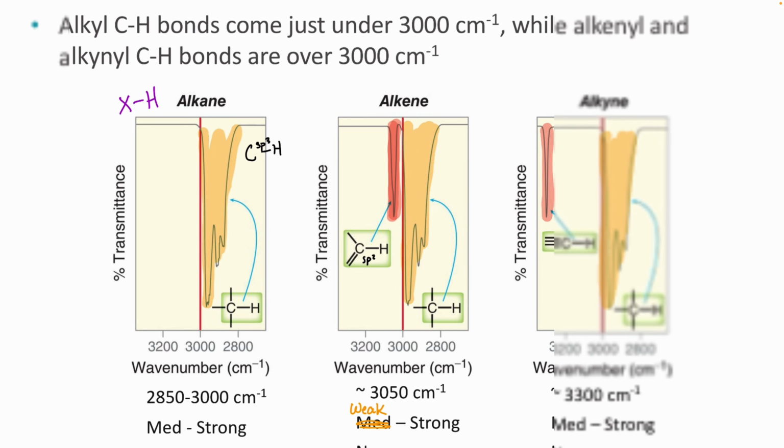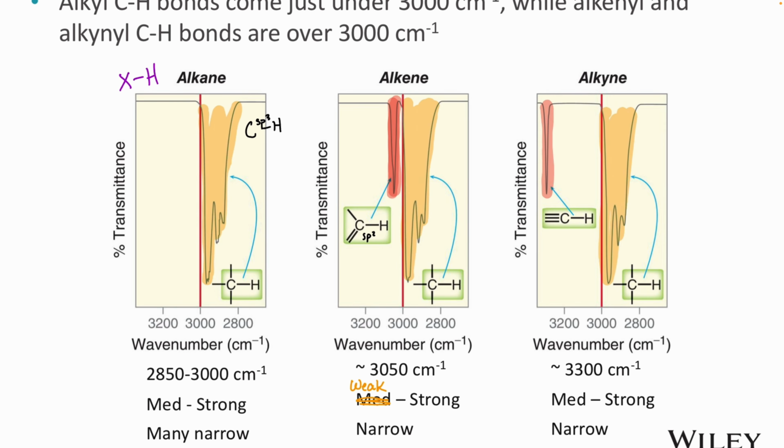The reason that we laid this down was to distinguish between our alkanes, our alkenes, and our alkynes, right? If you only see peaks just south of that 3,000 marker, that's indicative of an alkane. But if we see a peak slightly above, around 3050, that's an alkene. And if it's even further up, around 3300, that's an alkyne.